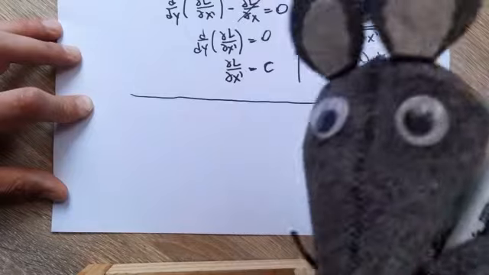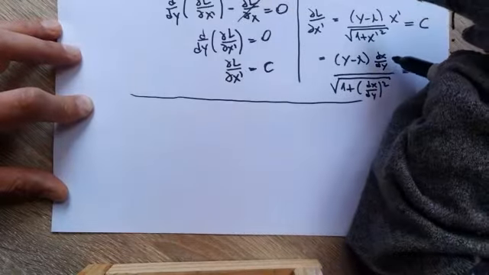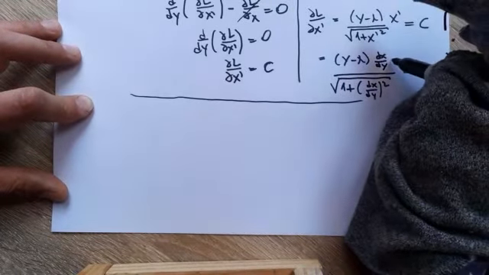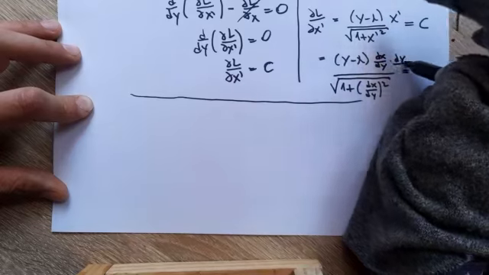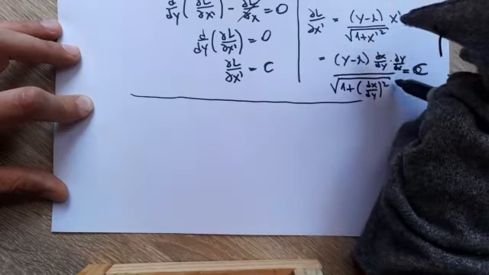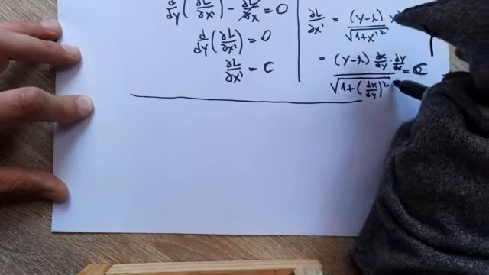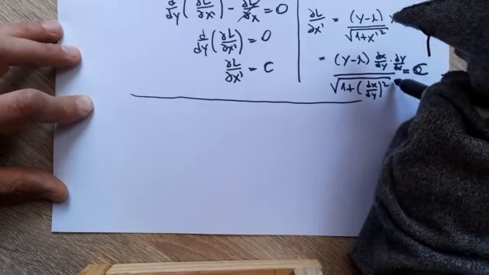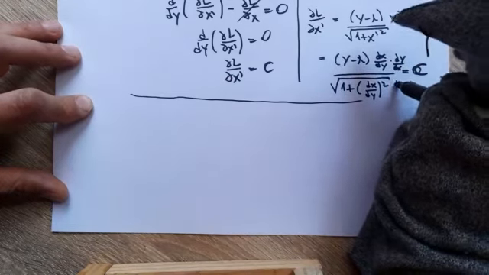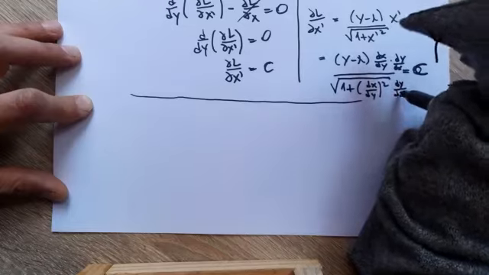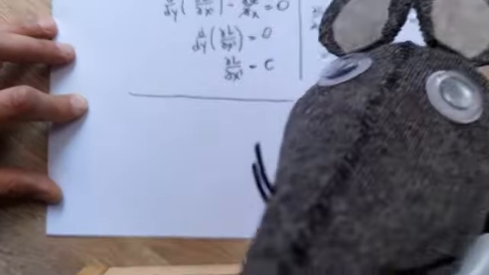Now we can multiply this part here by dy/dx. So we will invert the independent variable. So here all the same, dy/dx. This here will cancel, and this we will multiply inside.